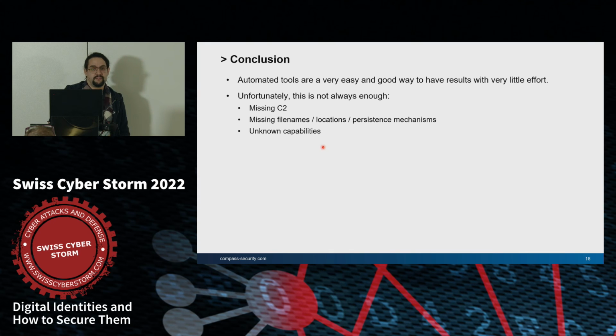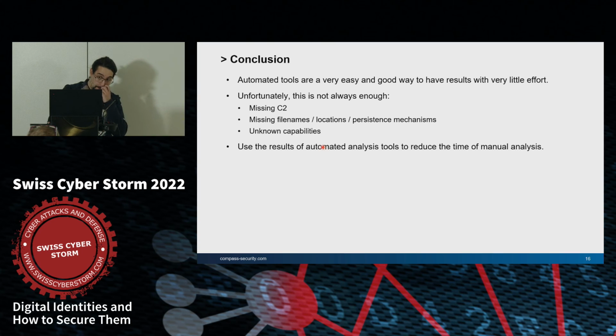Unfortunately, they are not always perfect, so you might miss some command and control servers, file names, as we could see, and other capabilities. So basically, the best way to work with this is to put all your files on an automated analysis system, get the result, and then you can quickly improve your manual analysis.